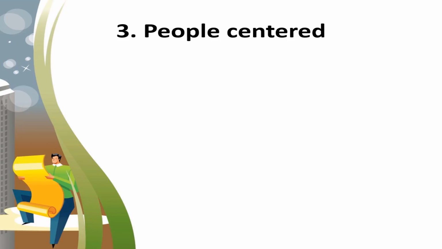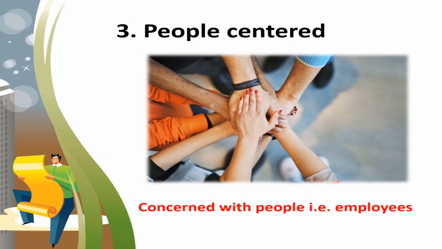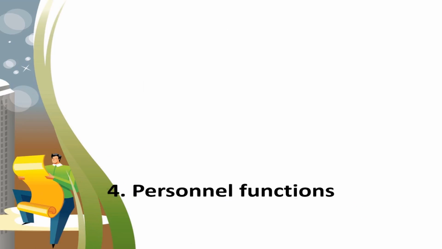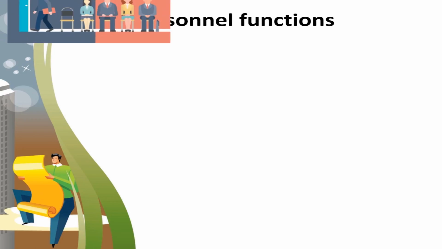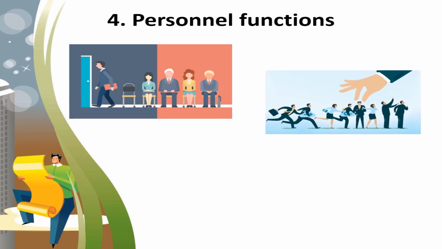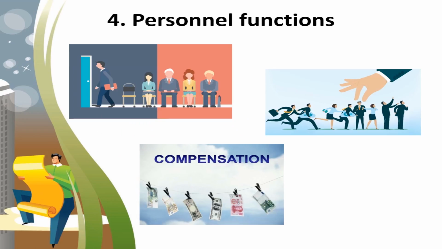It is concerned with all kinds of individuals, ranging from top to bottom of the organization. Next is personnel functions. It includes different functions concerned with managing individuals: manpower planning, recruitment, selection, placement, training, appraisal to compensation of employees.